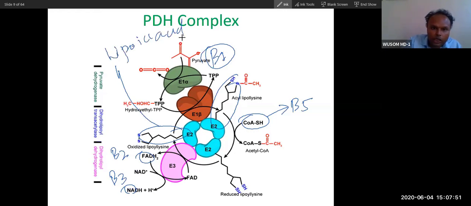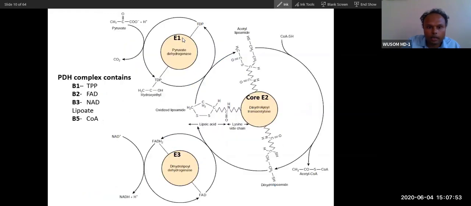So that is why, if you can see, this enzyme has 5 different vitamins and vitamin-like compounds: B1, B2, B3, B4, and B5. Remember lipoic acid as B4. Though B4 is not really for that, remember B4 is for lipoic acid in order to memorize things.